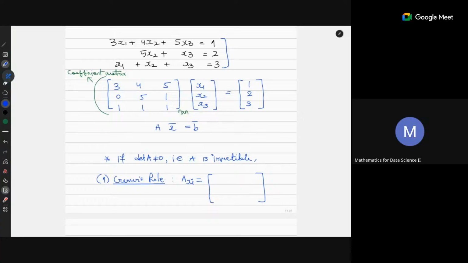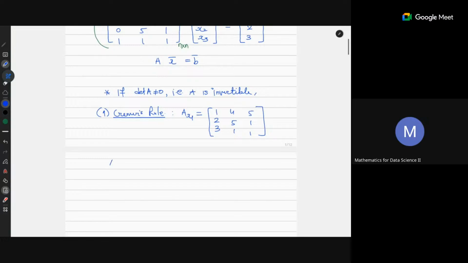For example, if I define A_X1, it will be 1, 2, 3, I replace the first column and the other two columns remain as they are. Similarly, you can define A_X2 and A_X3. The x2 is in the subscript, so don't get confused that I'm multiplying x3 to this.